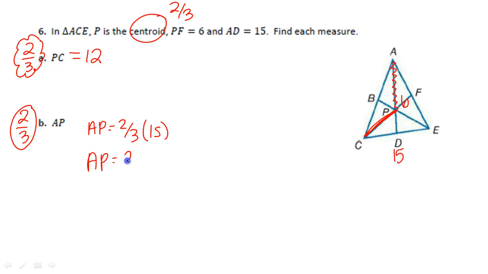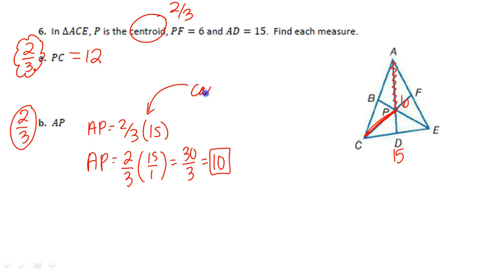So that's going to be 2/3 times 15 over 1, which gives you 30/3, and that will give you 10. You also could just use a calculator and use the fraction button to enter the fraction 2/3 and times 15, and it would give you the answer of 10.